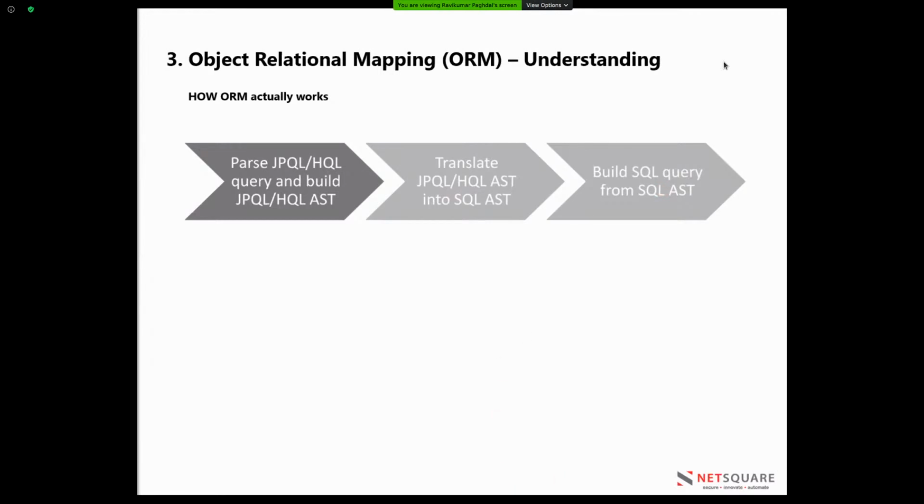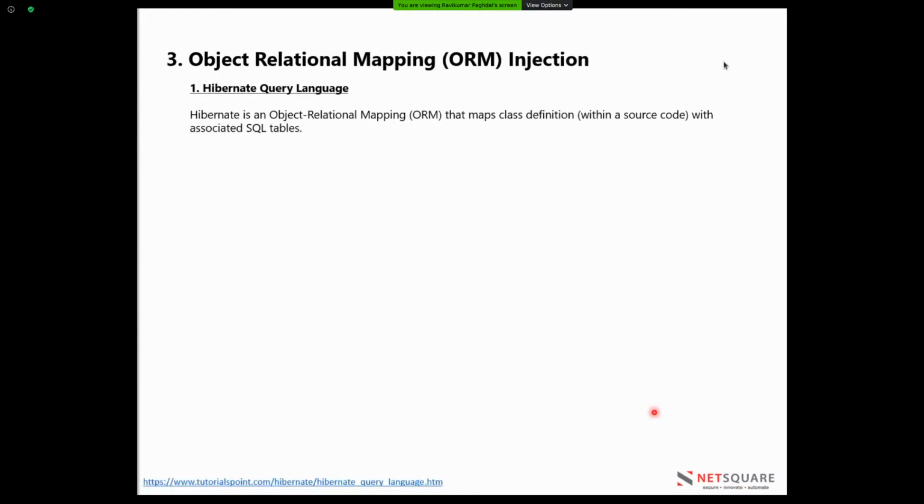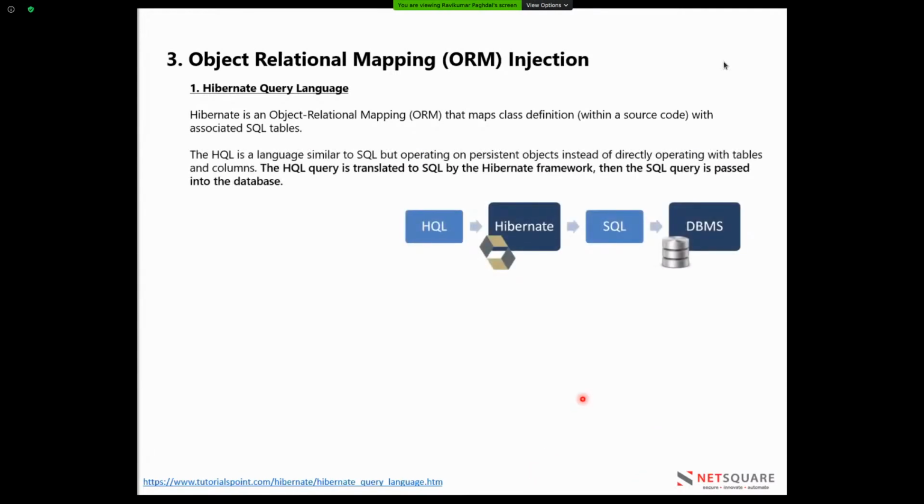Okay, so let's start with the Hibernate Query Language. It's called Hibernate Query Language, and if you find an injection in Hibernate Query Language, it will be called HQL injection, Hibernate Query Language injection. Hibernate is an object relational mapping ORM that maps class definitions without source code with associated SQL tables. The HQL query is translated into SQL by the Hibernate framework itself, and then the SQL query is passed to the database.